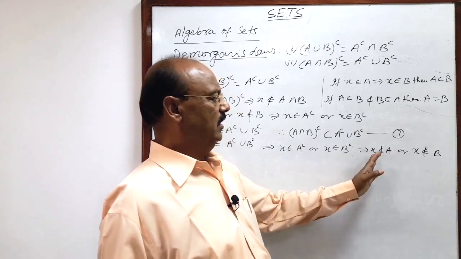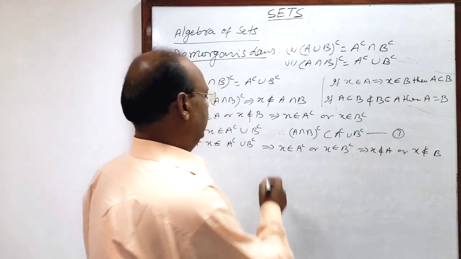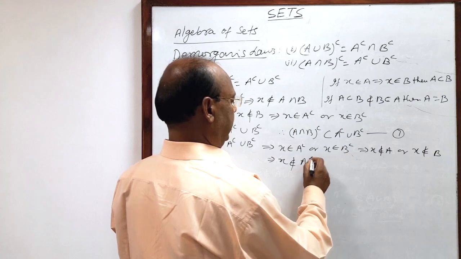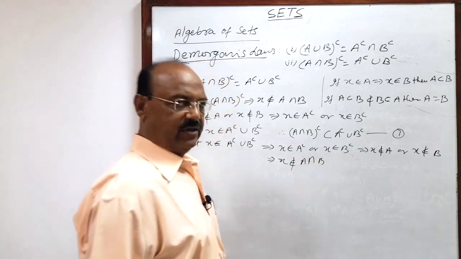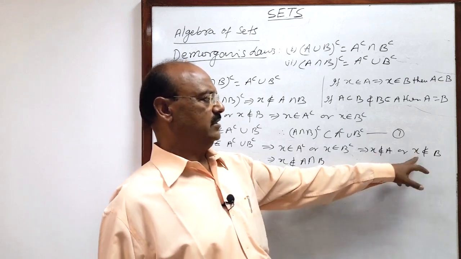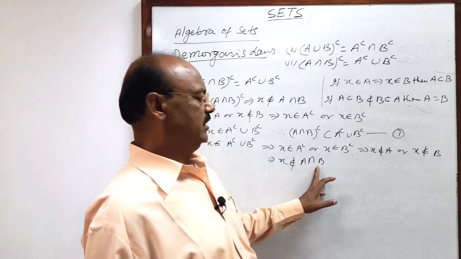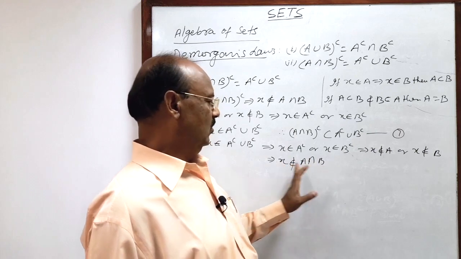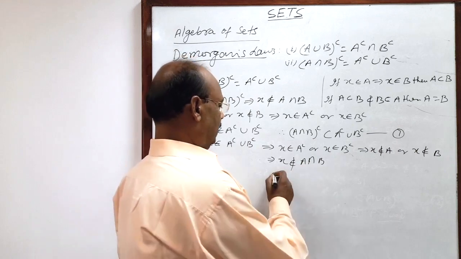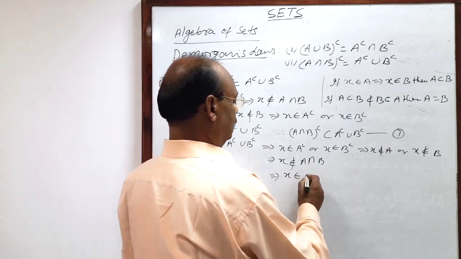But here obviously X is not belonging to set A or X is not belonging to set B. So it shows that X does not belong to A intersection B. I hope you have understood it, because here X is not belonging to A or X is not belonging to B. So X will not belong to A intersection B, because X will belong to A intersection B only when X belongs to both the sets A and B. So this implies that if X is not belonging to this set, X will belong to its complement.